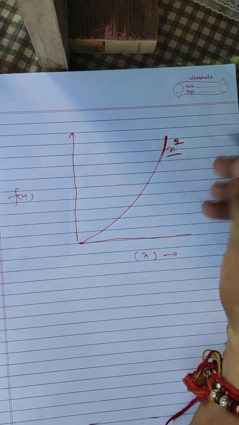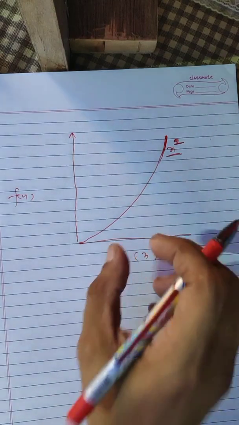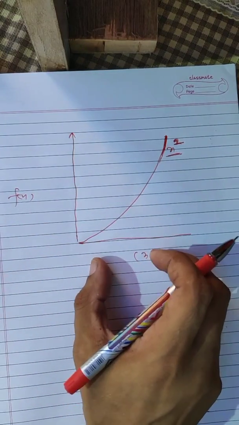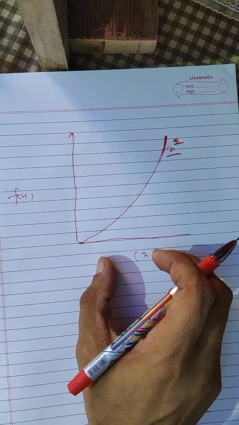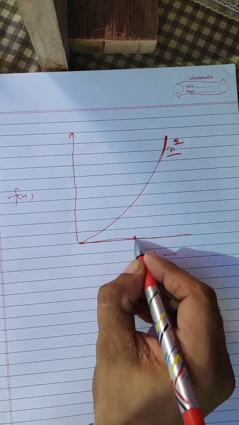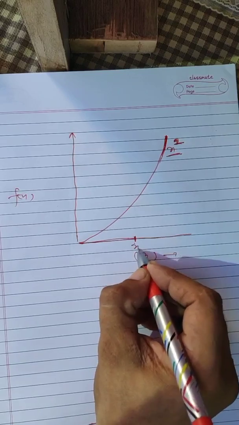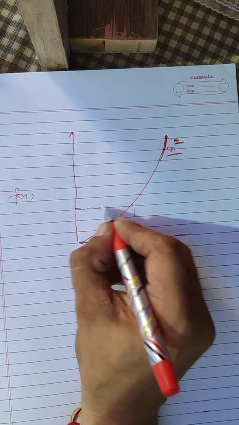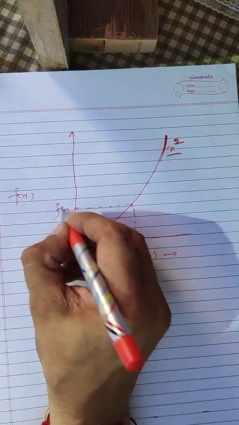And we want to know how much change will occur in our f(x) or y when we make a particular change in our x. So let's say this is the x we have taken at this particular point. At this x there must be a particular value for y, which is f(x).